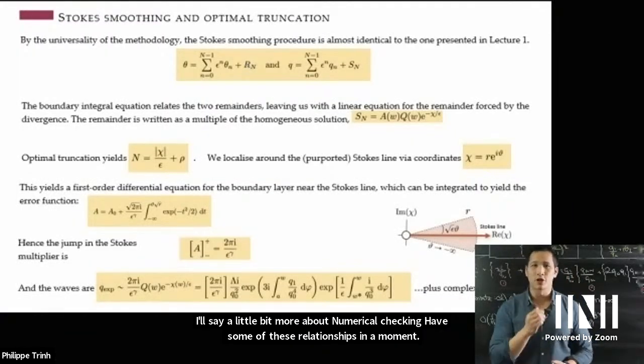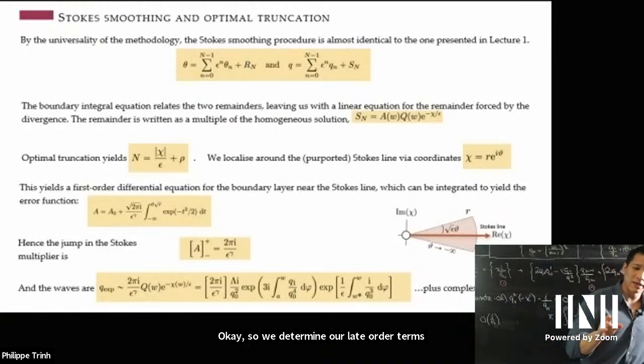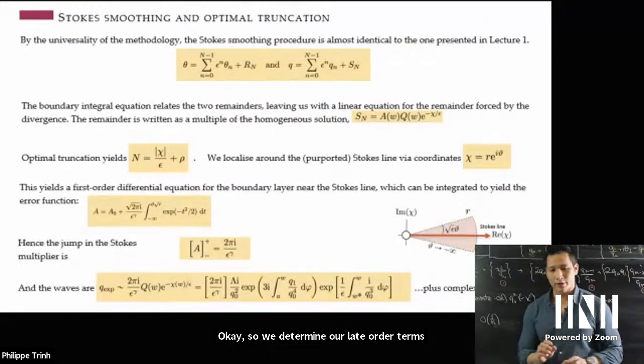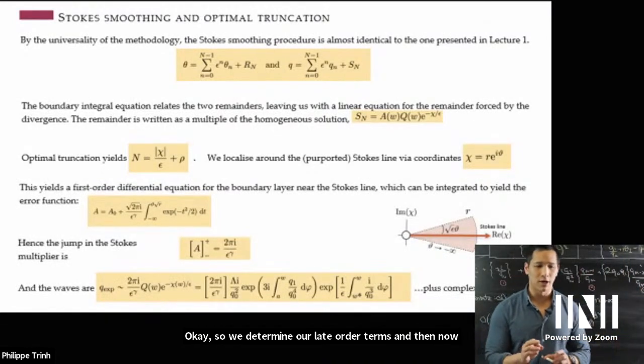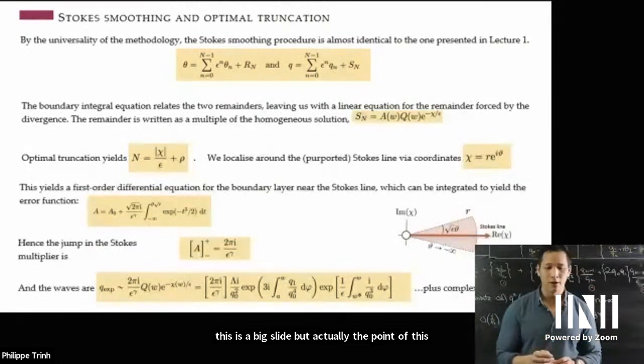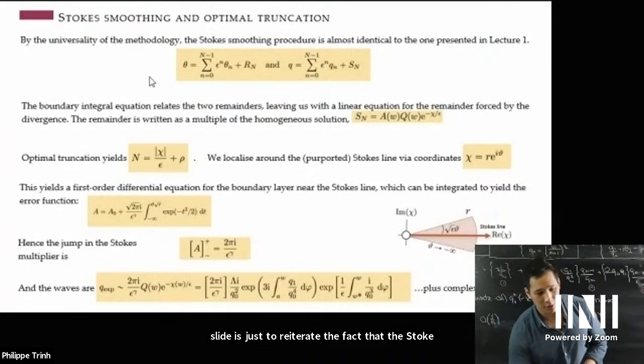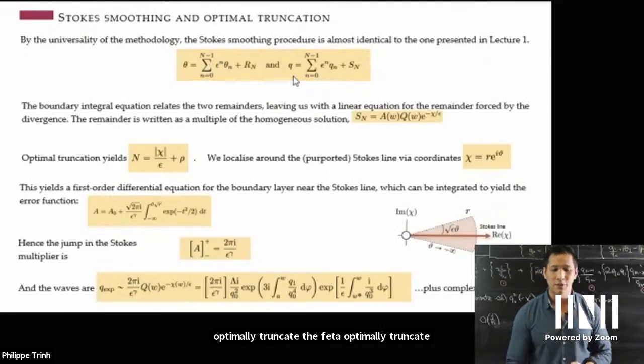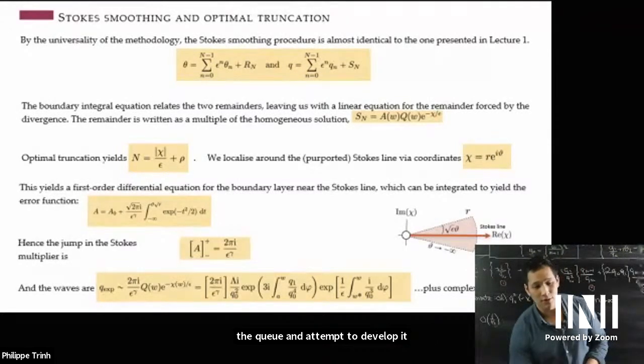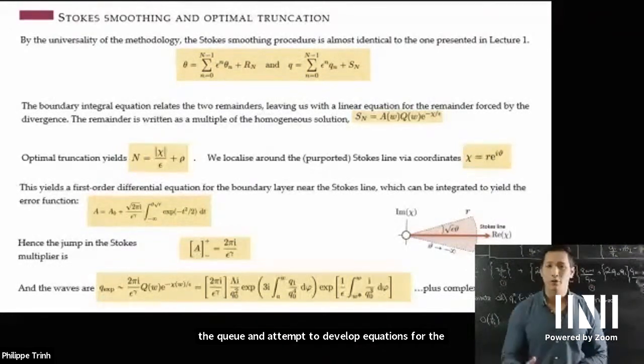Okay, so we've determined our late order terms, and now this is a big slide, but the point of this slide is just to reiterate that the Stokes smoothing procedure, where I optimally truncate the theta, optimally truncate the q, and attempt to develop equations for the remainders, is typically a universal procedure.